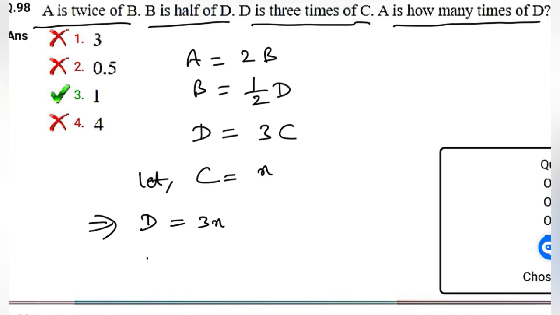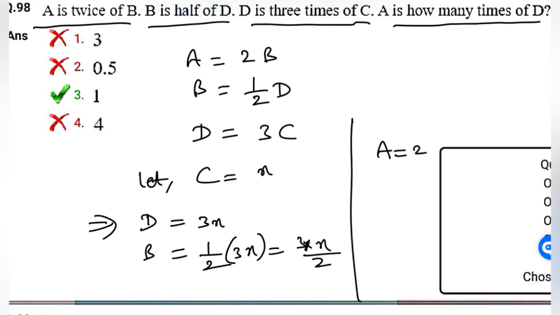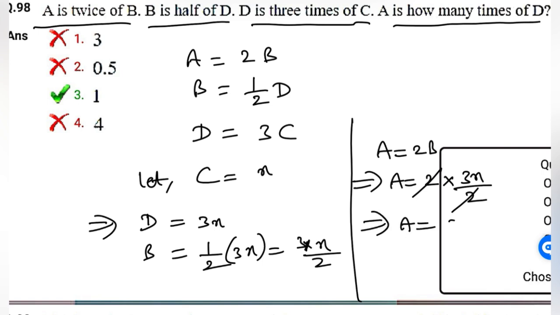Then B is equal to 1 by 2 into 3x, that is equal to 3x by 2. And A is equal to 2B, means A is equal to 2 into 3x by 2, which implies A is equal to 3x.